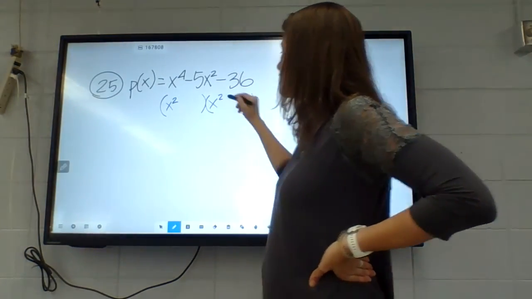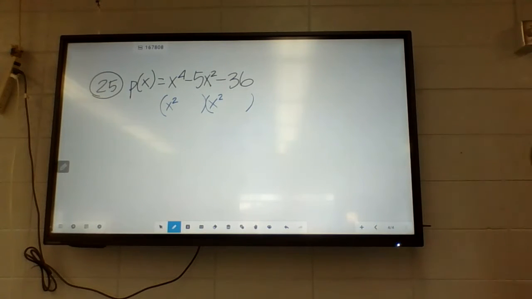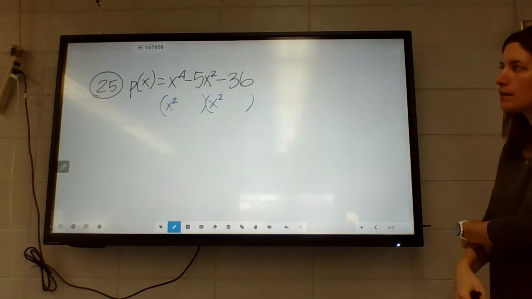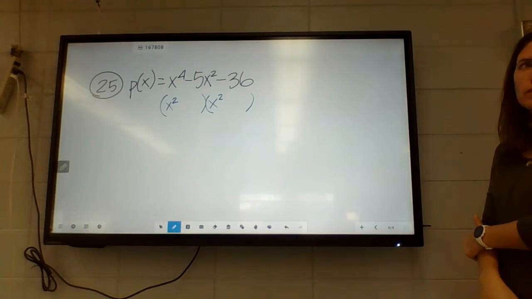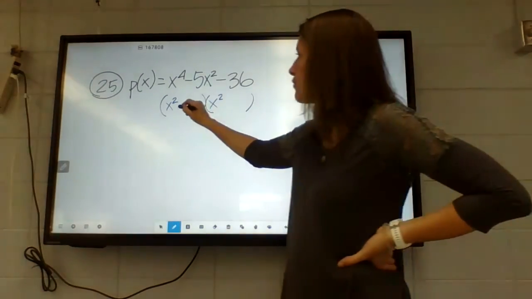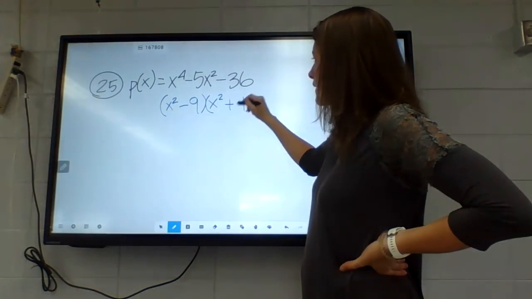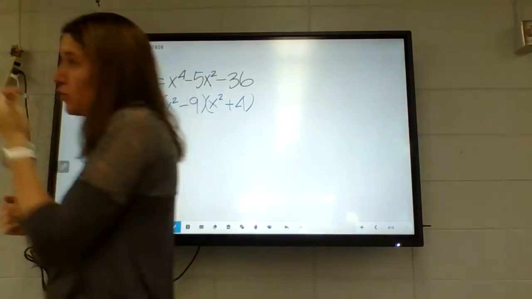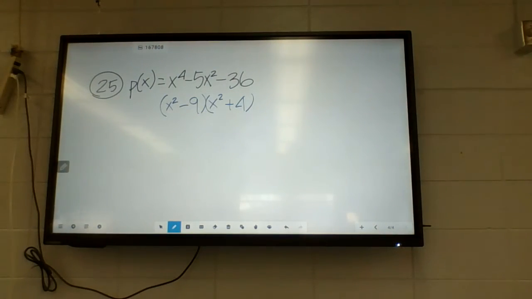That x to the fourth is x squared times x squared. And I want to multiply to get a negative 36, but add to get a negative 5. So negative 9, positive 4. So that'll give me my negative 5. And if you are doubting this, you can check your FOIL here.